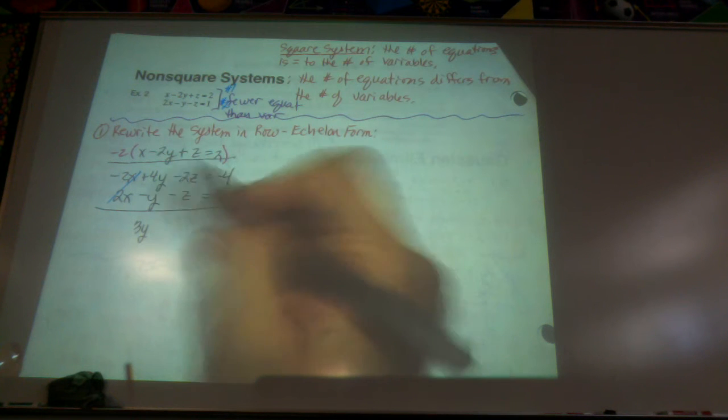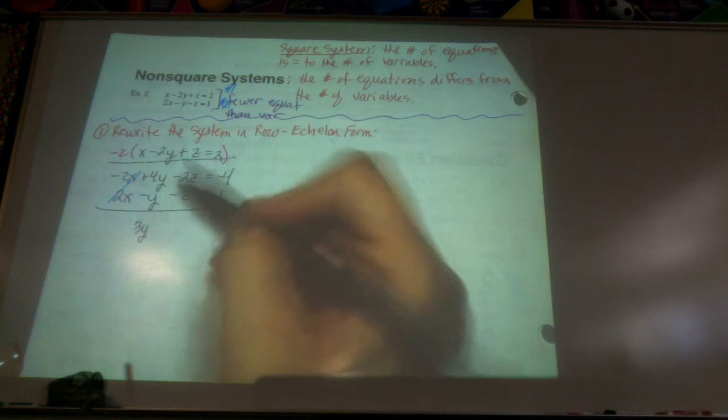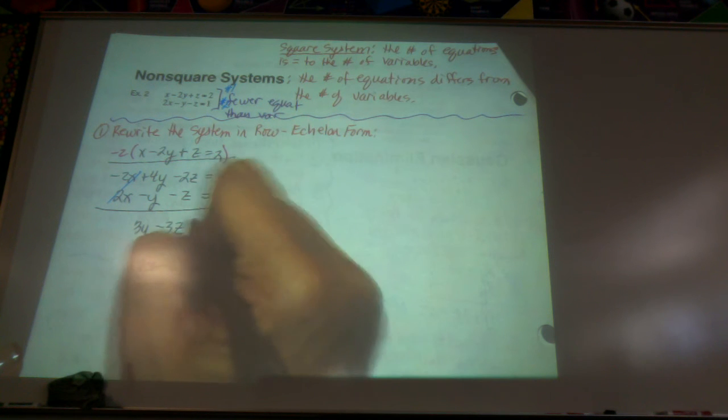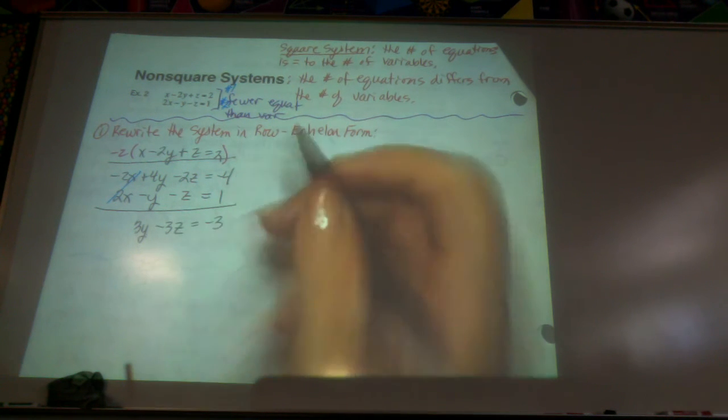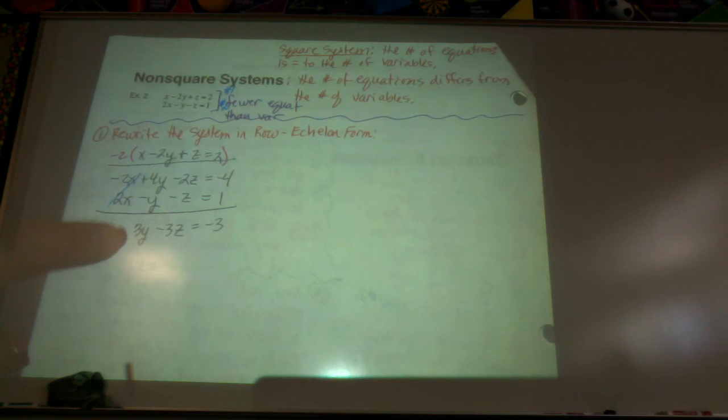All right, so if I add these together, I get a positive 3y, a negative 3z equals a negative 3. Do I want a 3y? What's my goal in that second equation? This is supposed to be my new second equation, but can I have a 3y? No, I only want a y.